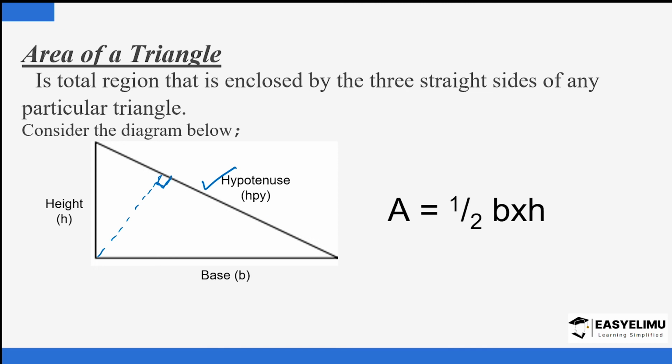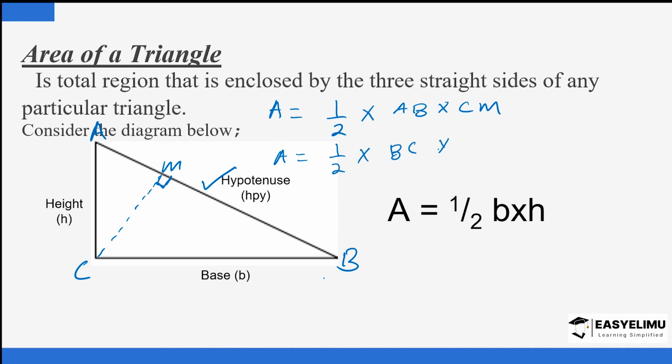So if this is triangle ABC, and this one could be M, you can have half times AB times CM. The same area can also be a half times BC times AC, that is if this is perpendicular.